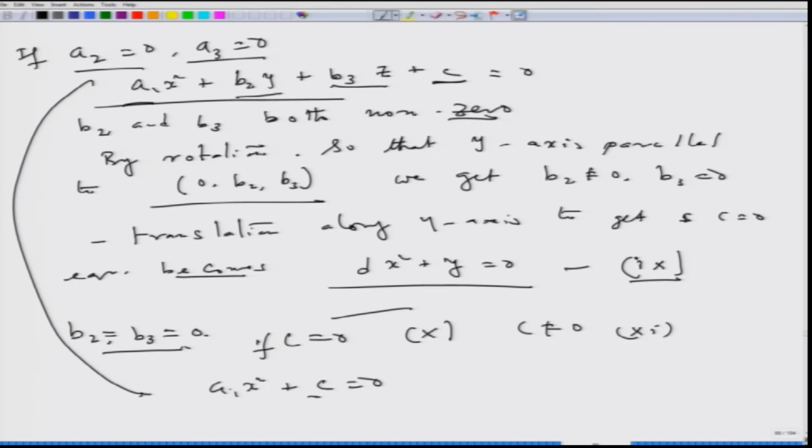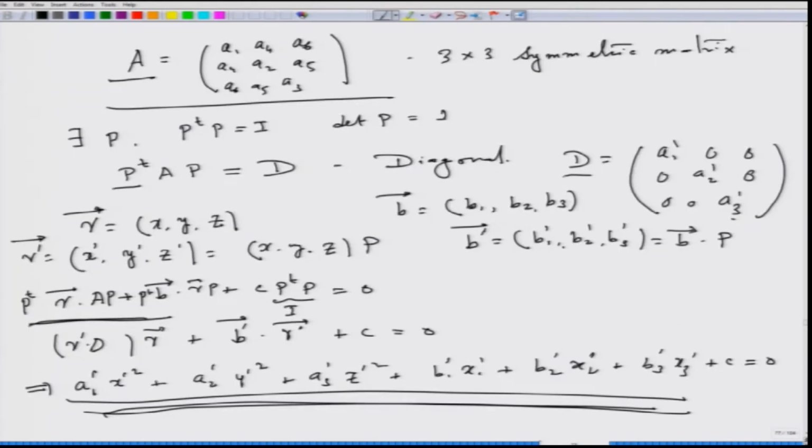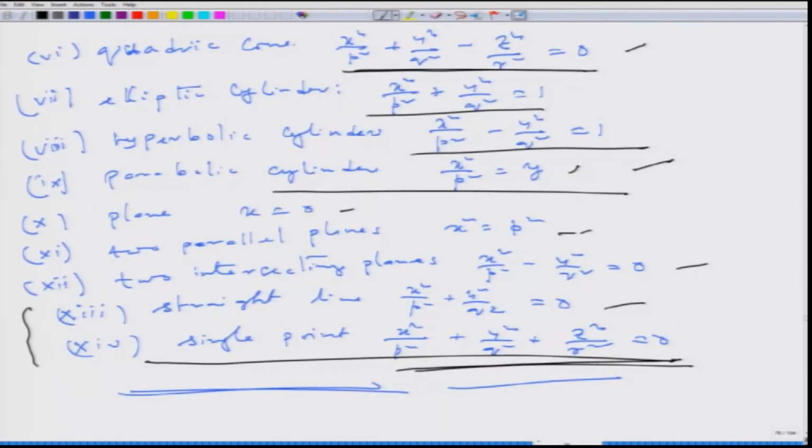If C is not 0, I get case 11, and C equal to 0 gives case 10, A1 x square equal to 0, which just gives the plane x equal to 0.